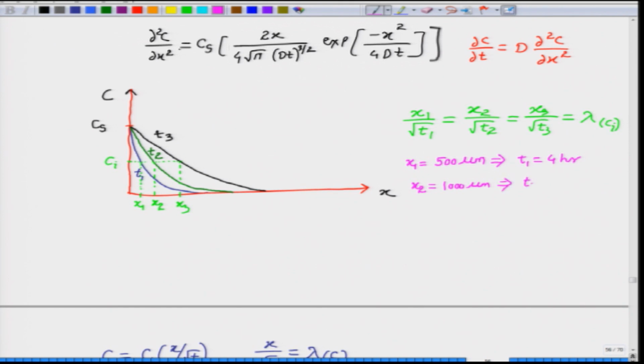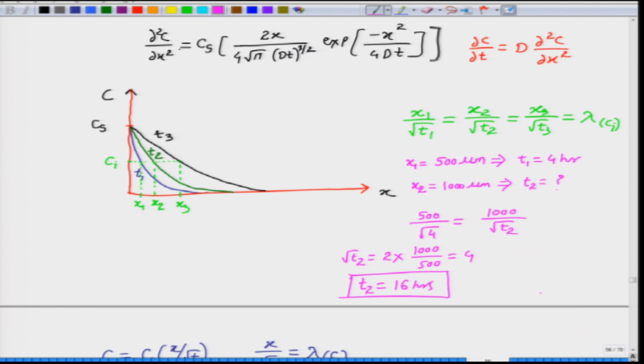What should be the heat treatment time? If we substitute, 500 by root 4 is equal to 1000 by root T2. So, root T2 is equal to 2 times 1000 by 500, which is 4. So, T2 is 16 hours.